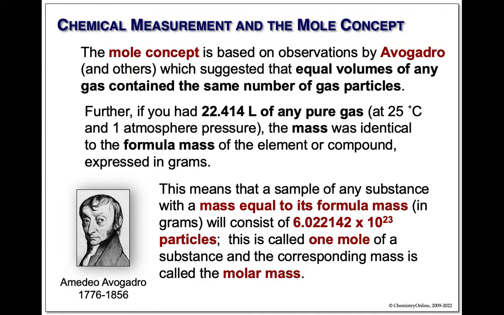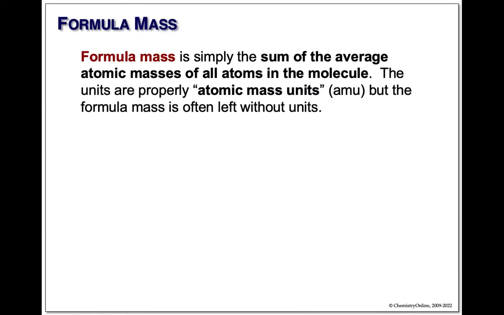If we have a mass of any substance that's equal to its formula mass, what this says is that that mass, that lump of stuff, will contain 6 times 10 to the 23rd particles. This is called the molar mass. Now, what is a formula mass?